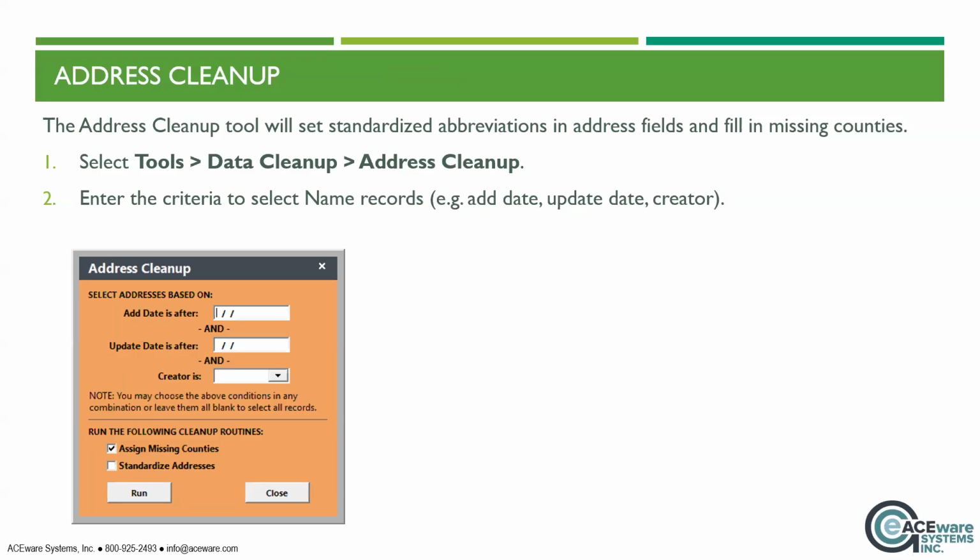You have to do it manually. The other thing is, if a firm changes its address, it will ask you if you want to change the address for folks who have the firm's address associated with their name record.